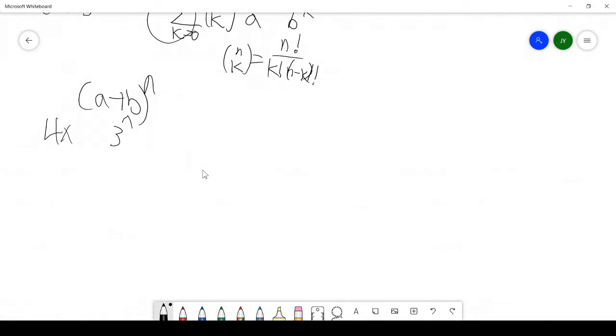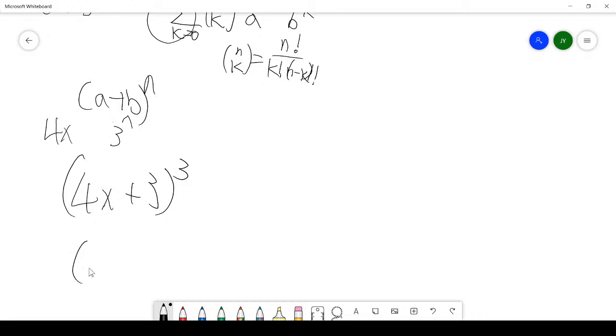So let's use the same function we did earlier, 4x plus 3 to the third power, or cubed.